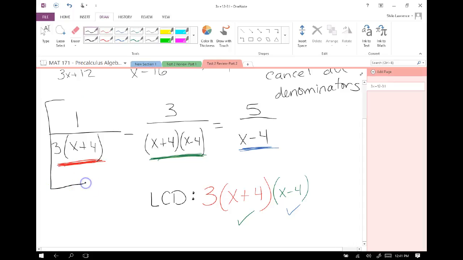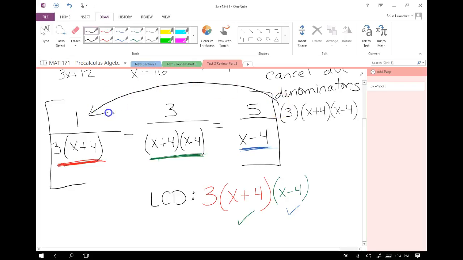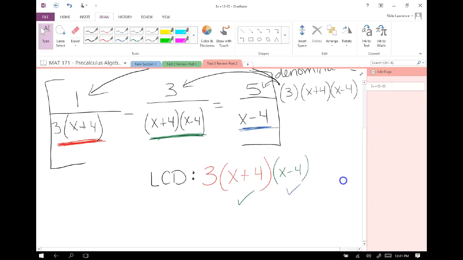So I am going to multiply through this entire equation by 3 times x plus 4 times x minus 4. What I'm essentially doing is taking that group of factors and putting it into the numerator. I'm not going to multiply any of it out. I'm using it just to cancel my denominators.